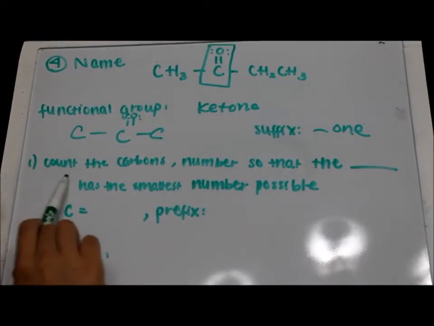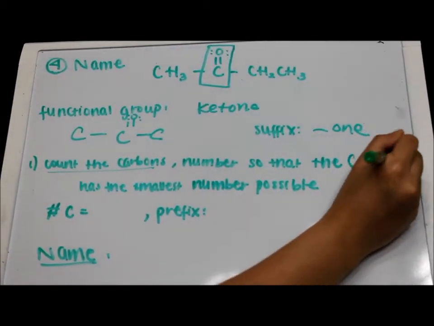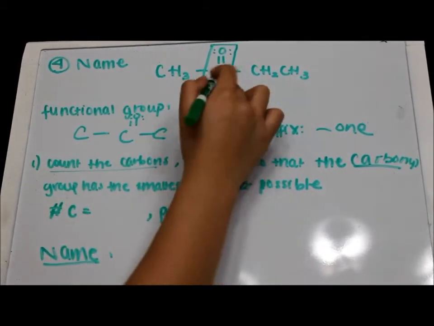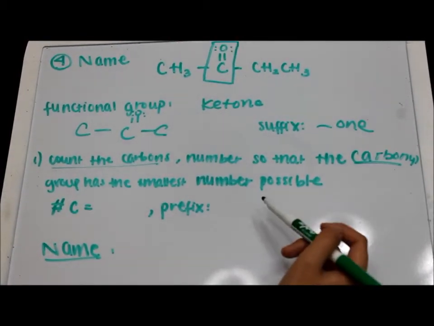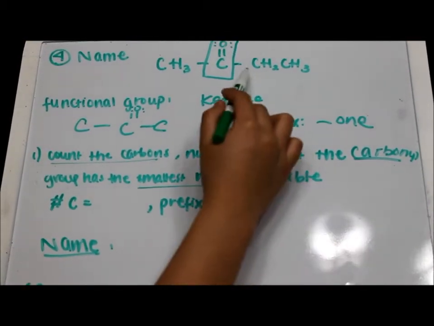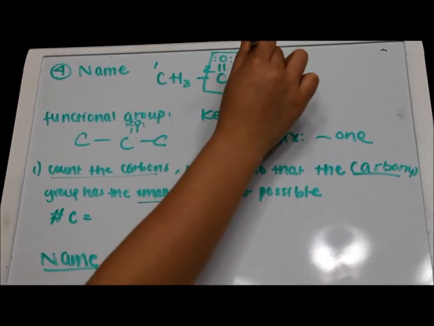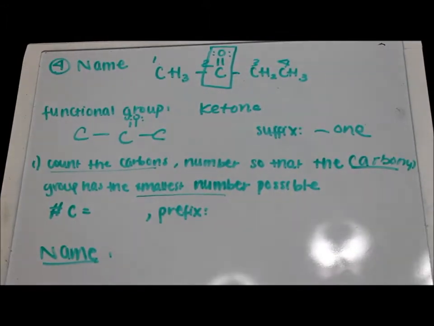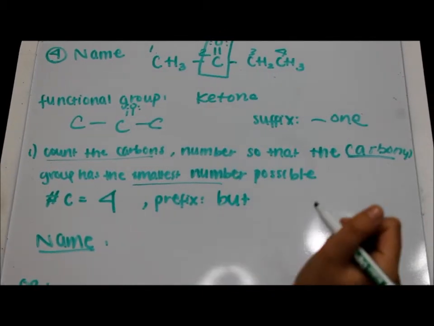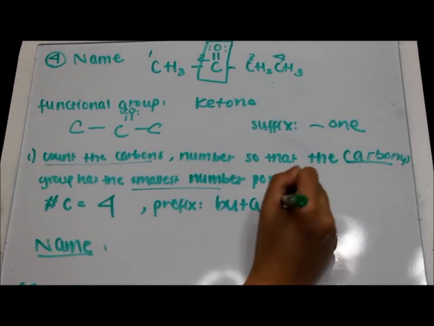Next, we're going to count the carbons so that the carbonyl group, which is the C double bond O, has the smallest number possible. Since there are 2 carbons here and just 1 here, I'm going to start over here. 1, 2, 3, 4. Since there are 4, the prefix is but, and since it's a ketone, it is a butanone.